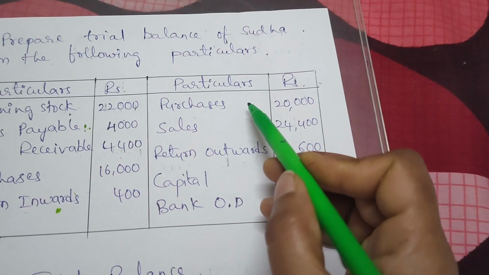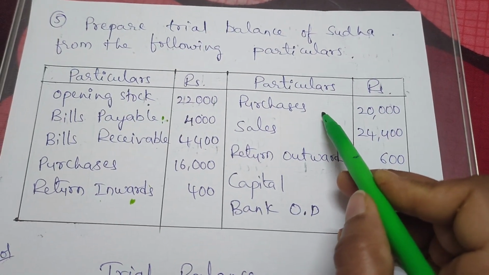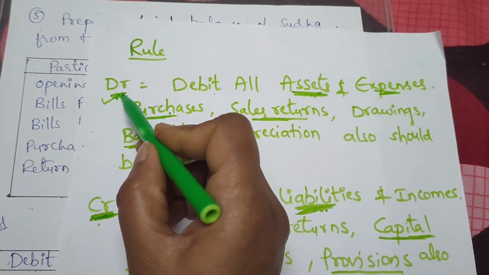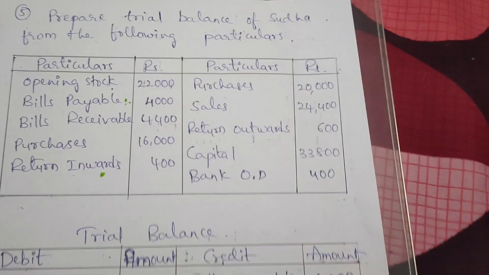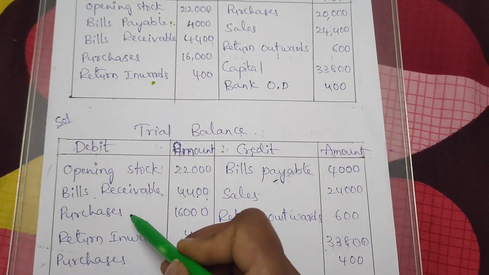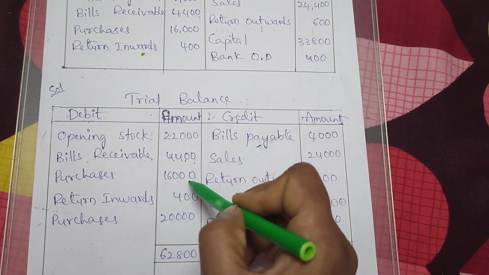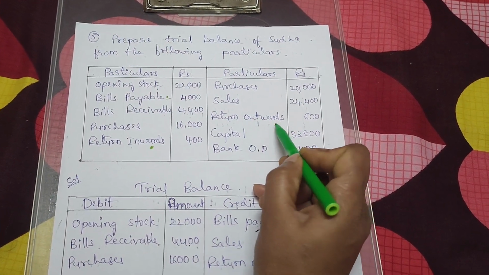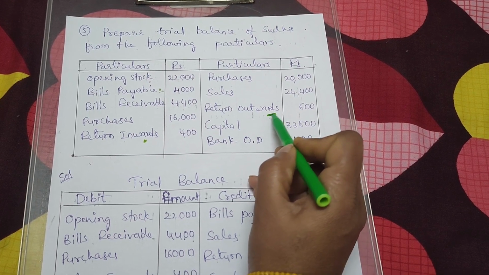Next, purchases. I mentioned in the rule itself, purchases we should debit. So under debit, I recorded purchases, 16,000. Next one is return outwards. Return outwards means purchase returns.